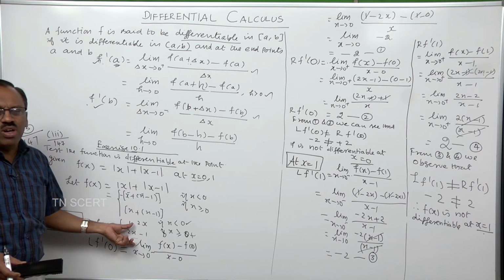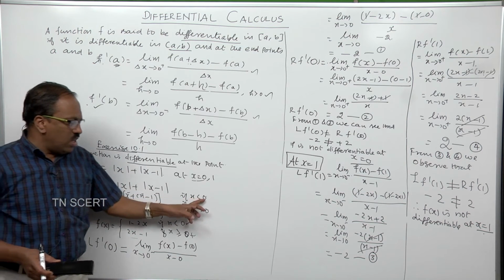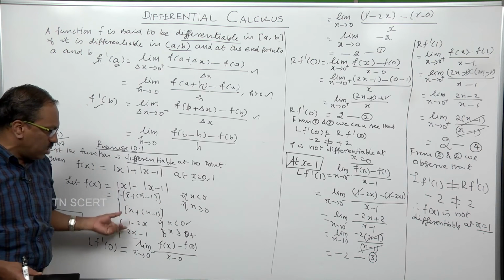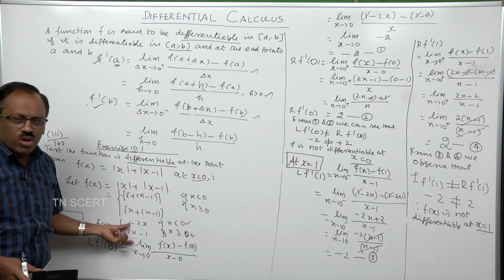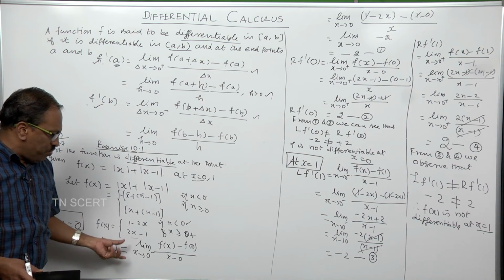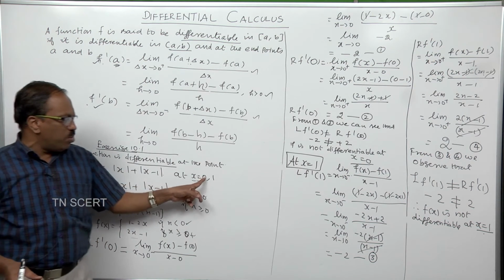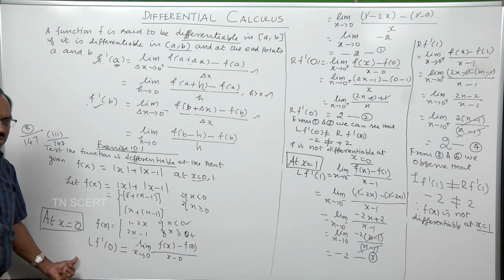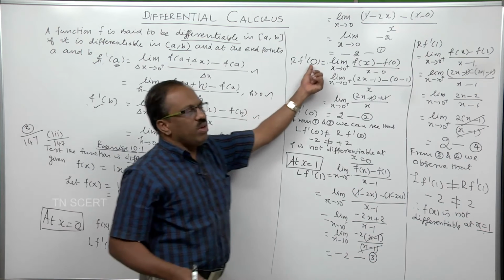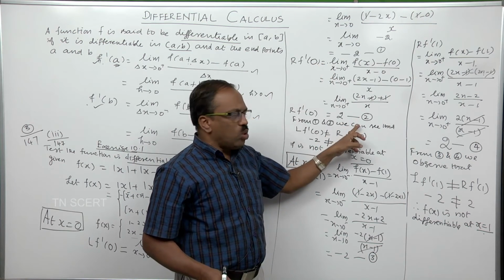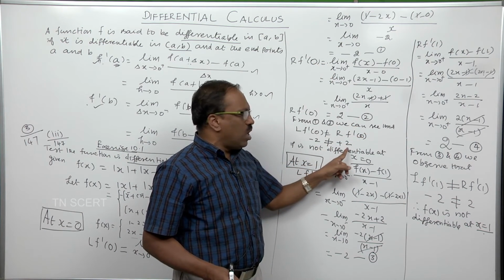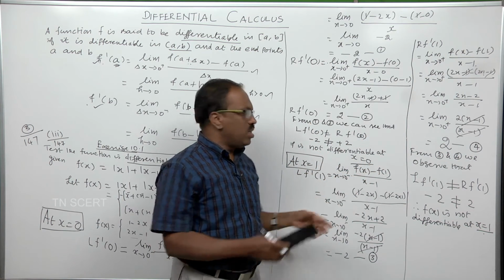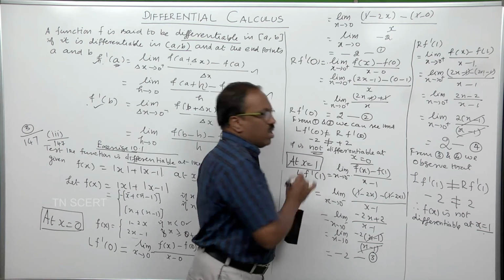First we defined the function in such a way that less than 0 means the first one appears, greater than or equal to 0 the second one appears. After simplification I got the function like this. This one I took into consideration for the problem at x is equal to 0. Now, left limit of f dash of 0, right limit of f dash of 0, knowing these two values, both are not equal, that means it is not differentiable at x is equal to 0, first part.